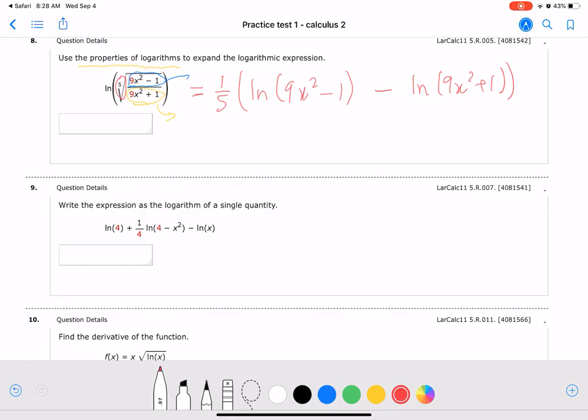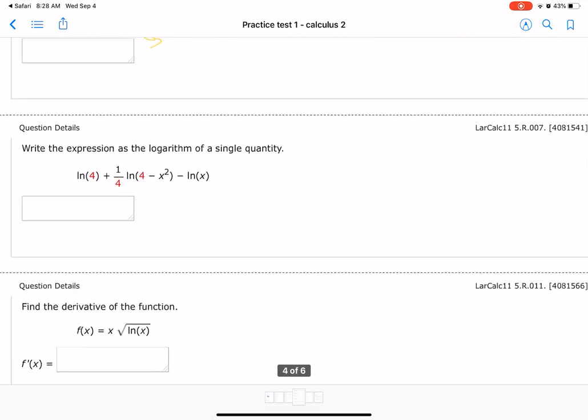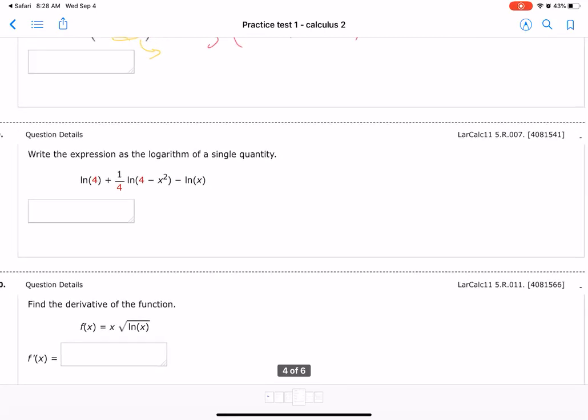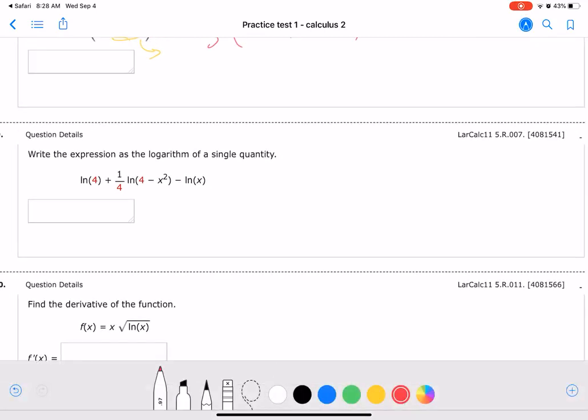Similarly, you can solve the next problem. They ask you to write it as a single logarithmic function. Again, here you have positive 4. That means 4 is on the top. If you have 1/4, that means 1/4 is the power, so you bring 1/4 right here.